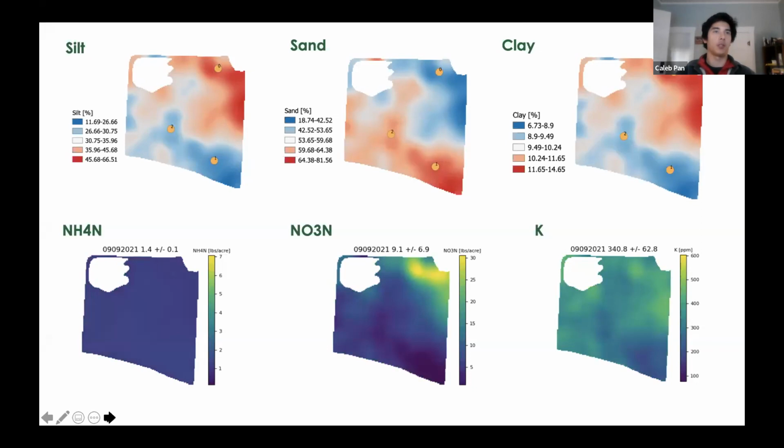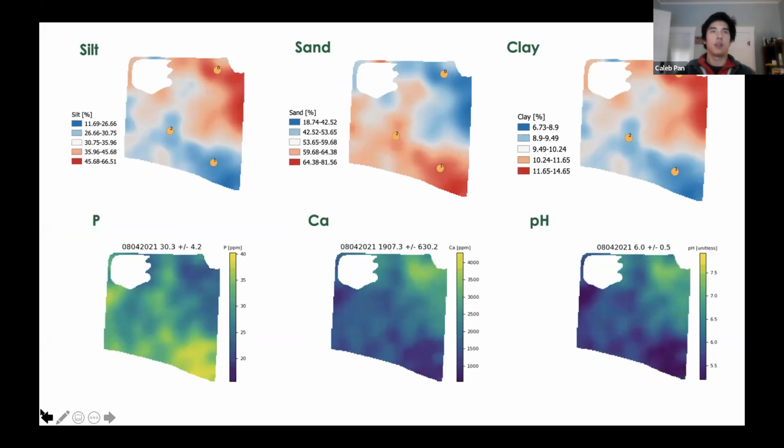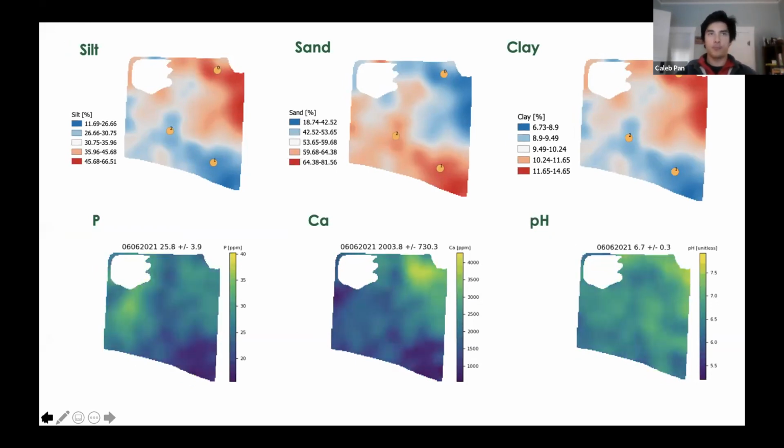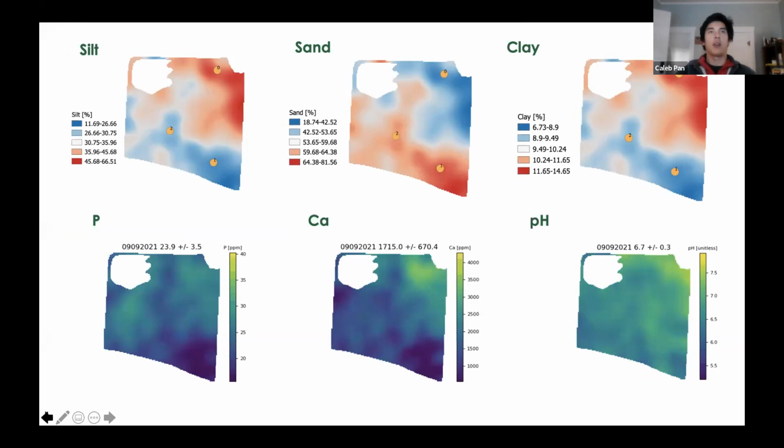And then we were able to produce these pretty nice timelines, time series, really, animations for all the variables that SoilOptix produces. So we have phosphorus here on the bottom left, and we're able to really see when, so August 4th, phosphorus was applied to the block, when it was really highlighted and emphasized in yellow.